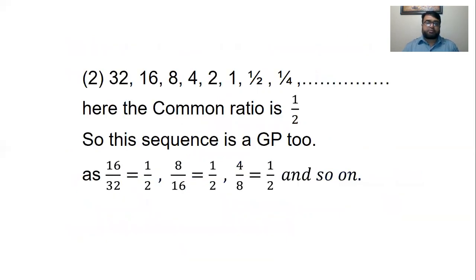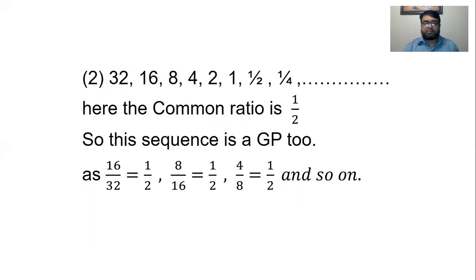All right. So we have another example here, example 2, and the numbers are 32, 16, 8, 4, 2, 1, half, 1/4, and so on. Here the common ratio is actually half, because when you divide the post term by its preceding term, the result is always half.